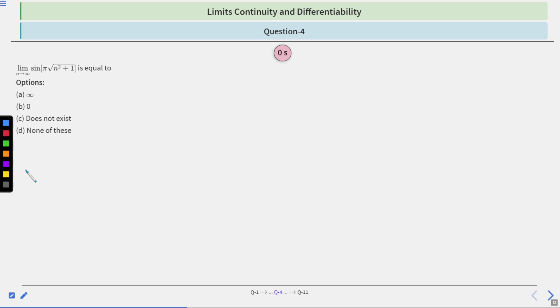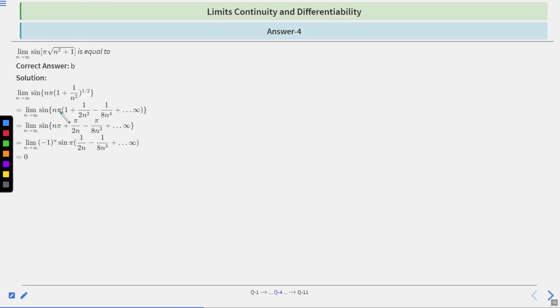See, it is given that limit n tending to infinity sine n pi 1 plus 1 by n square to the power 1 by 2, right? See, we have taken n common, right? So it is equal to limit n tending to infinity sine n pi. See, we can write the expansion of 1 plus 1 by n square to the power 1 by 2, which can be written as 1 plus 1 by 2 n square minus 1 by 8 n power 4 till infinity.